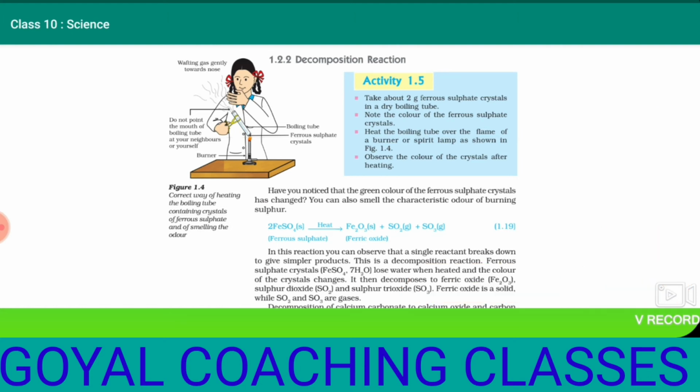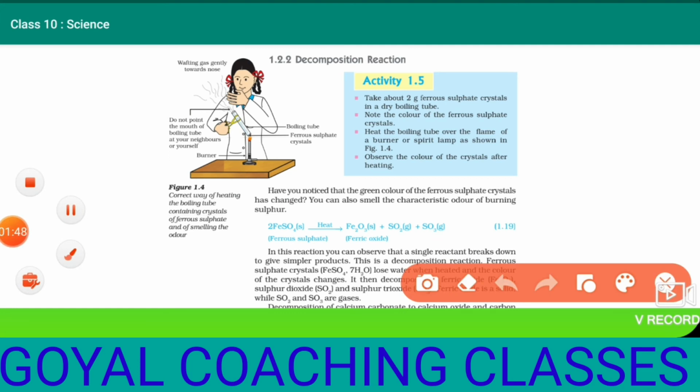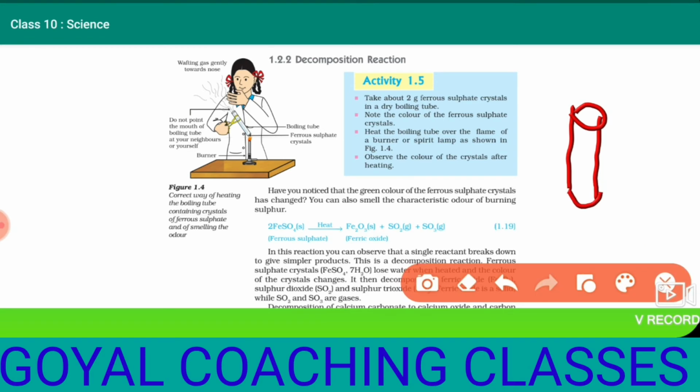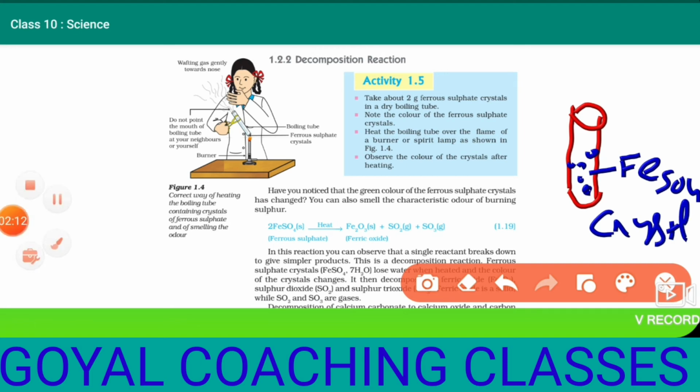Just see this activity. Now there is one test tube, and in this test tube we are taking ferrous sulfate crystals. Usually its color is green.